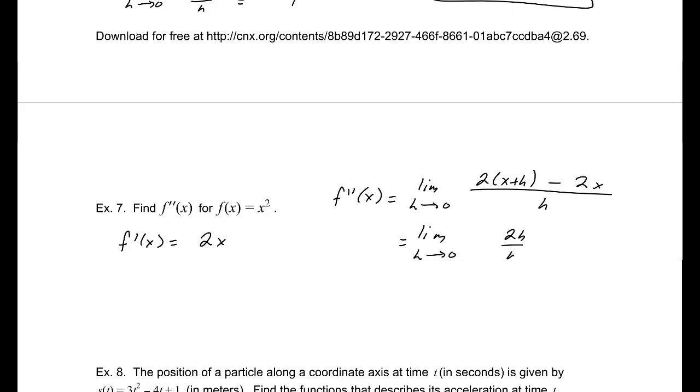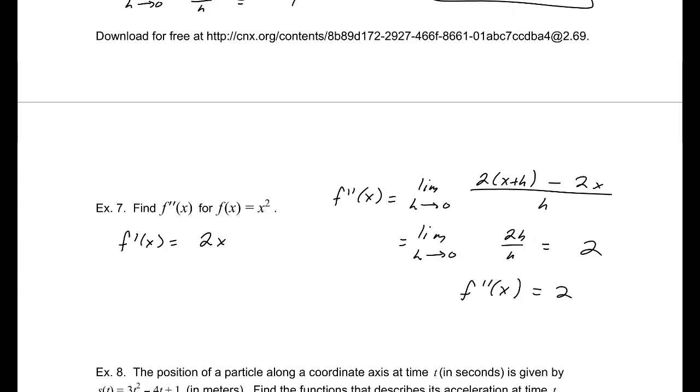So f double prime is the limit as h approaches 0 of f of x plus h, so 2(x plus h) minus 2x over h. All right, the 2x's cancel out, so we get a 2h over h, and that slope will be 2. So f double prime of x equals 2.